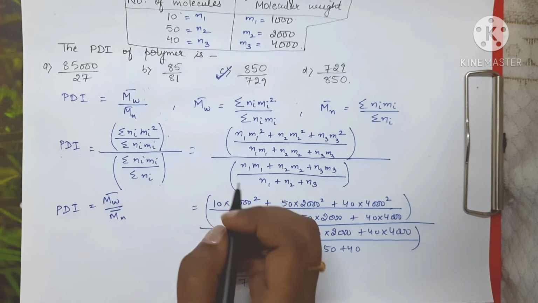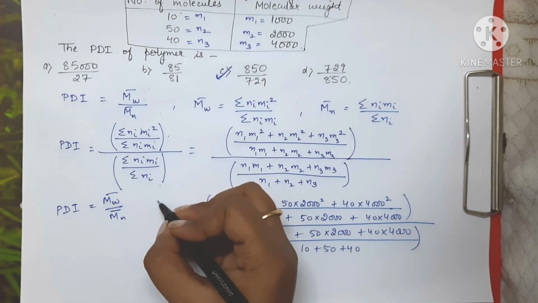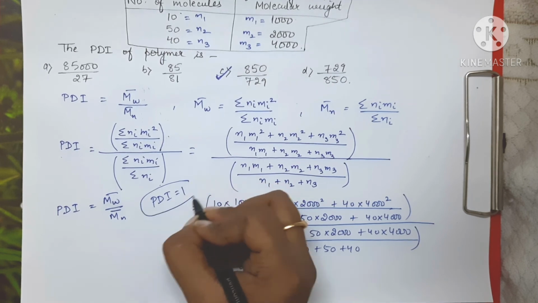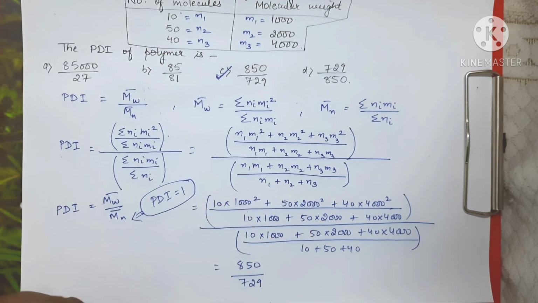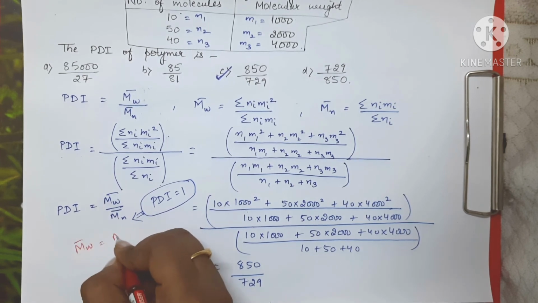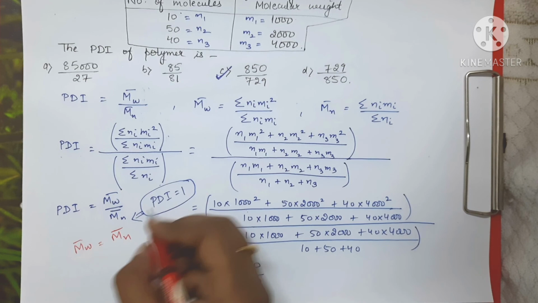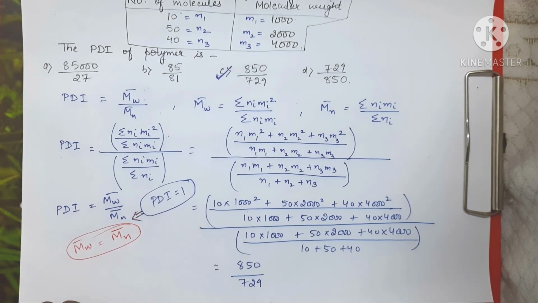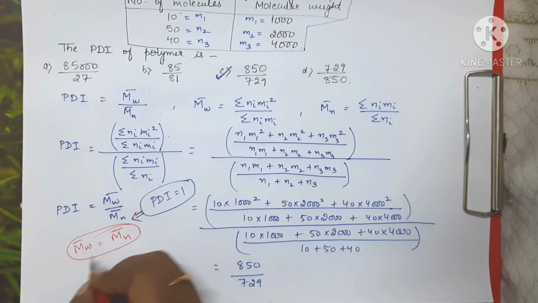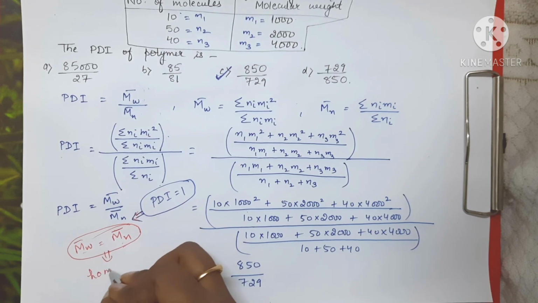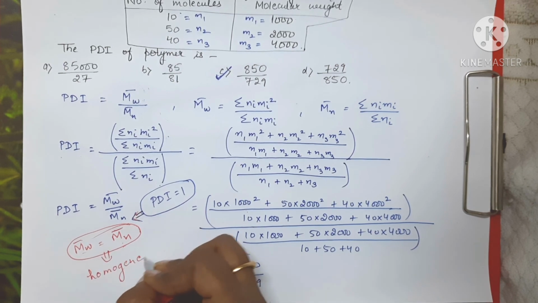But if in a question we have been given that the value of polydispersity index was calculated to be 1, then in that case the value of Mw becomes equal to Mn. For PDI equals 1, Mw becomes equal to Mn, and in that case the solution or the sample is going to be homogeneous in nature.